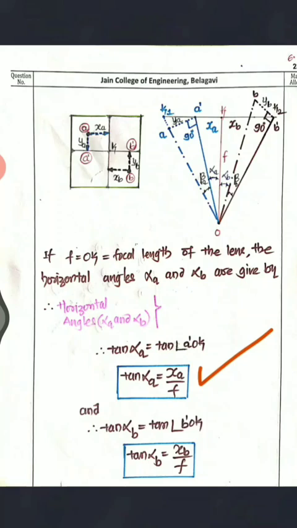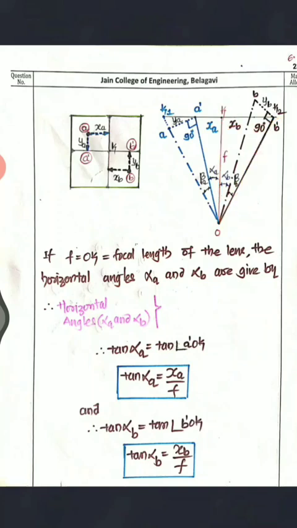And tan alpha B: if you take the angle b dash OK, this is b dash, O and K, this angle you are supposed to take.